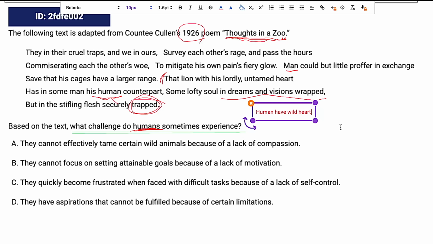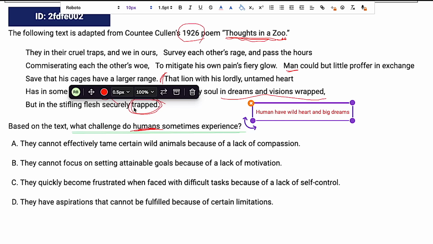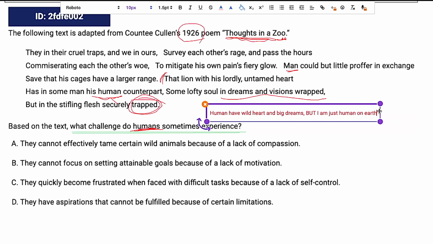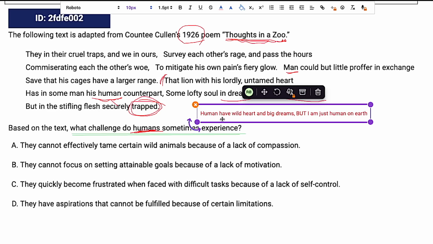And if you're wrapped in dreams and visions, so humans have a wild heart and big dreams, but in the stifling flesh securely trapped. So they are trapped in stifling flesh. What is that pointing to? That's pointing to reality, right? It's like, I have these big dreams and this wild heart, but I am just human on earth, right? Reality, something like that. So that would be how I would translate this one.